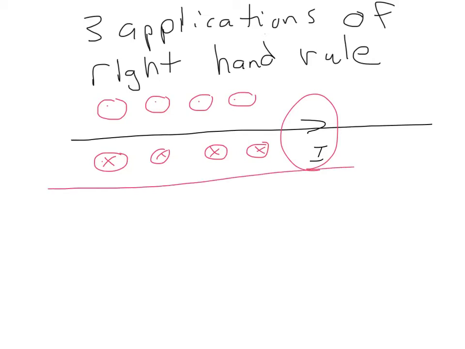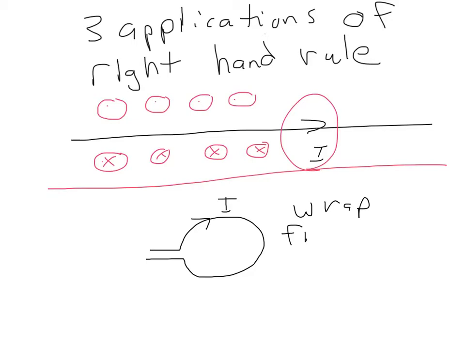Another one, and this is the one that caused some confusion in class today, is if you have a loop of wire and you have a current passing through that loop of wire. The way to deal with this is you wrap your fingers in the direction of the current, and your thumb of your right hand will then point in the direction of the magnetic field through the loop.